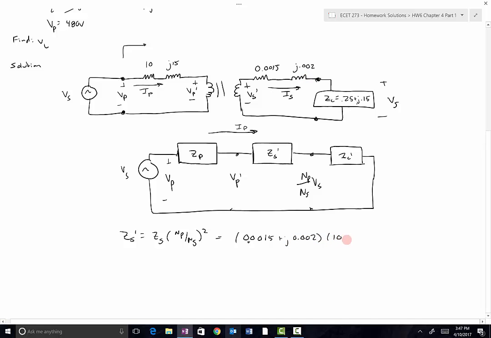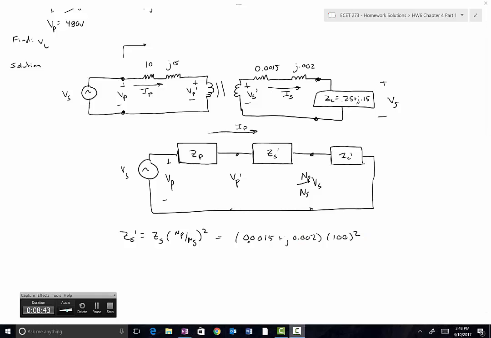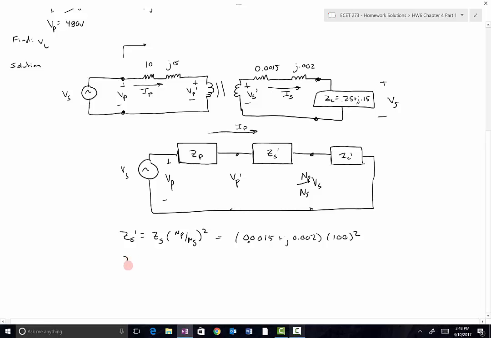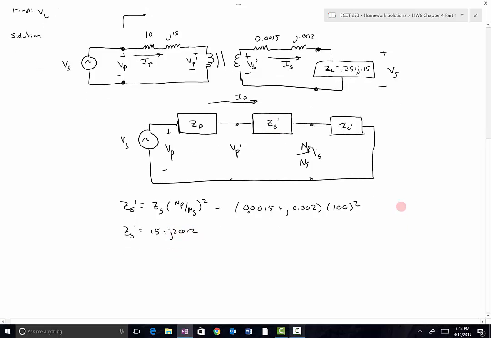We need to multiply that by 100 squared. So that gives me 1.5 plus J2, I believe. Good thing I checked that. ZS prime is going to be equal to 15 plus J20 ohms. So that gets substituted in for that block there.